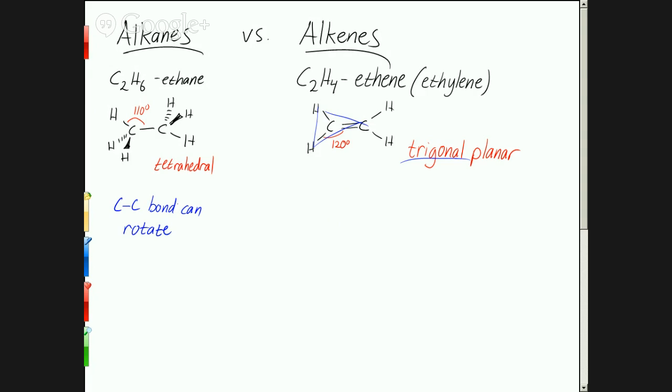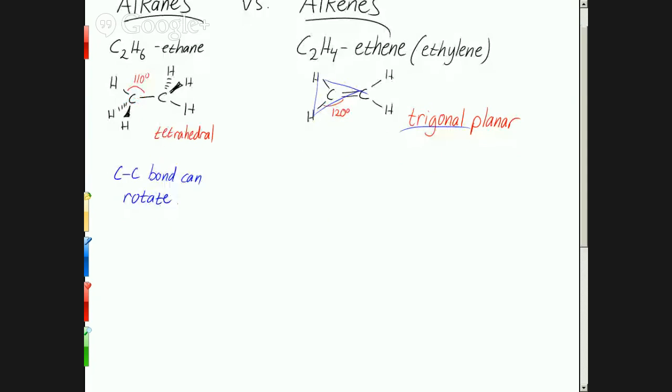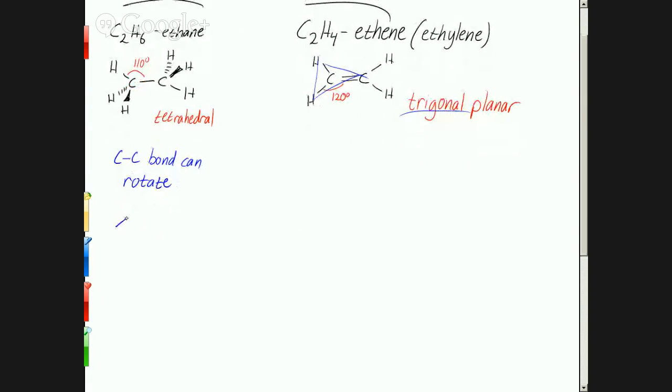And the consequence of that is that a structure like this is the same as a structure like that. Those two are the same things, because what those represent is rotation around this bond right here. If we flip that thing over, we get this.